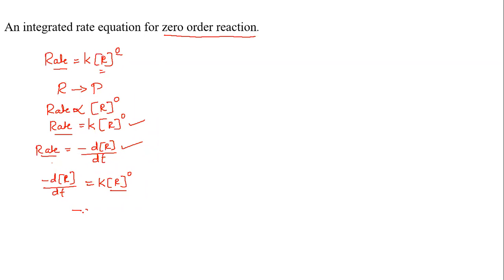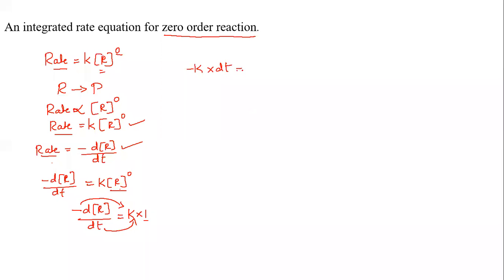So therefore minus dR by dt is equal to k into 1, because R to the power of 0 is nothing but 1. Then k into 1 is k. So I'll shift this negative sign towards the right side. Then what I'll get is minus k into dt, because this dt I'm also sending towards the RHS.